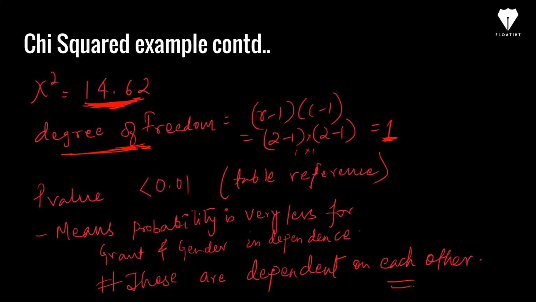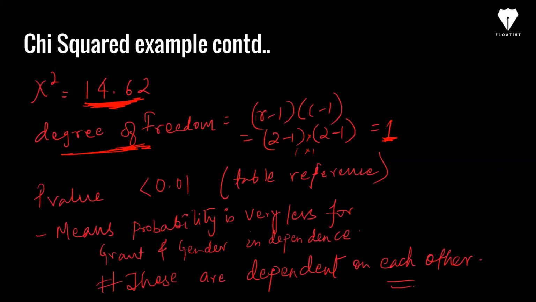And if I get very little probability, like 0.01 or 0.05, then we can say this is very low, and both are not independent. That depends on each other.